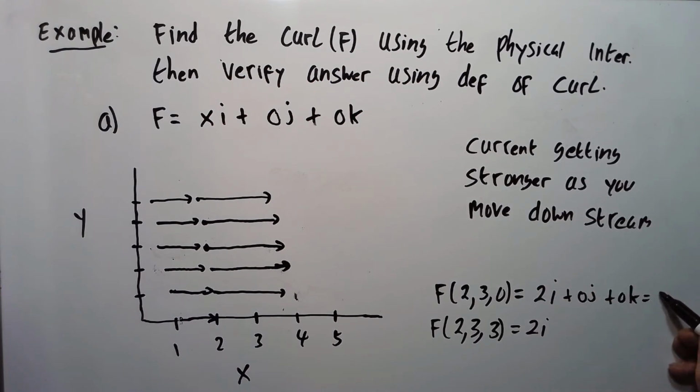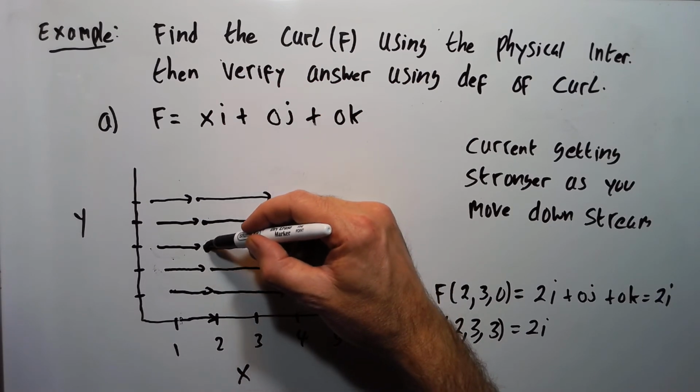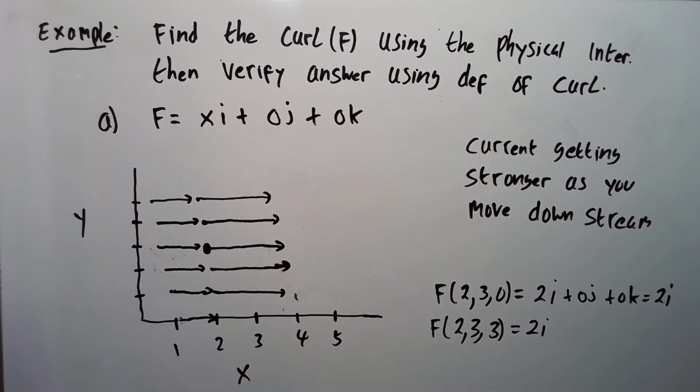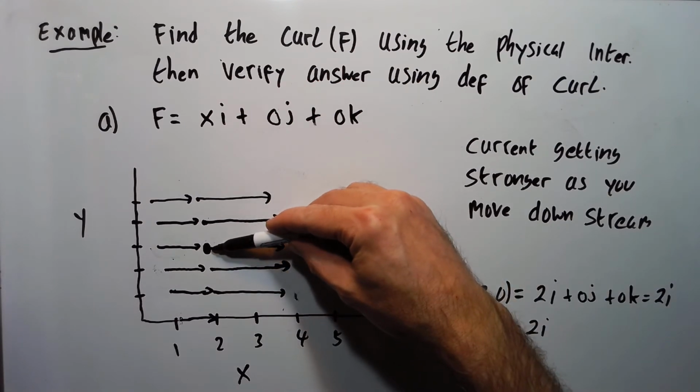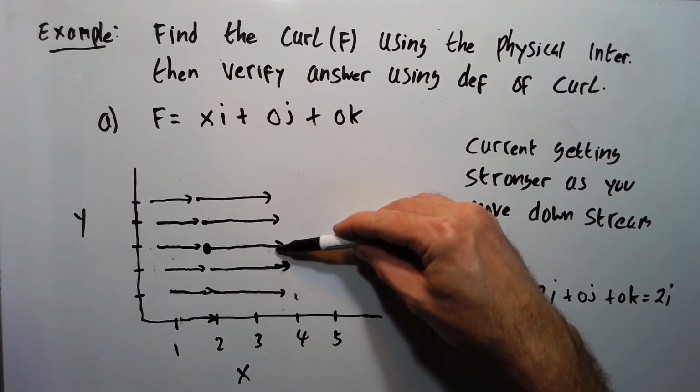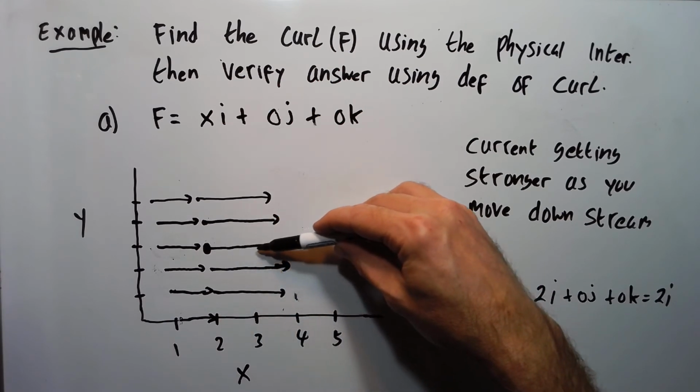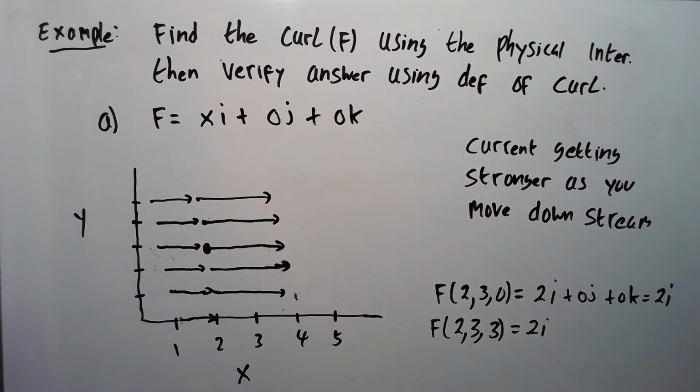So it's just going to be 2i. For 2, 3, 0, it'd be 2 on the x, 3 on the y, so it'd be right here at this point. At that point you draw a vector 2i, which I've drawn here. This vector is 2i because its length is 2. And I could also do 2, 3, 3.